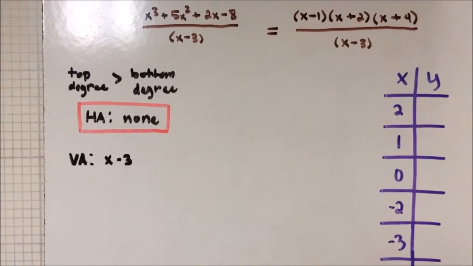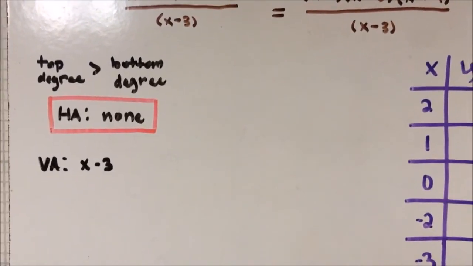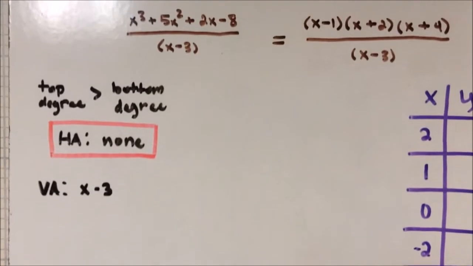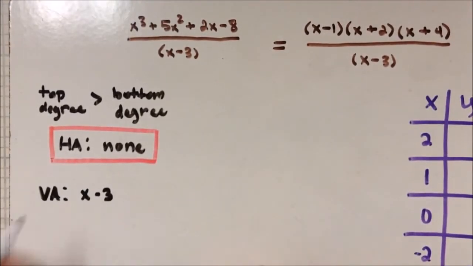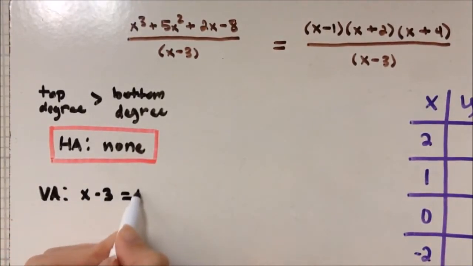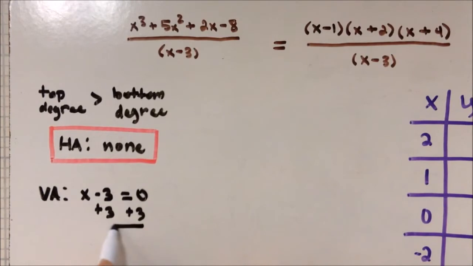Let me zoom in for you. So x minus 3 equal to 0. And then just solve for it. So plus 3 plus 3, x equals 3.